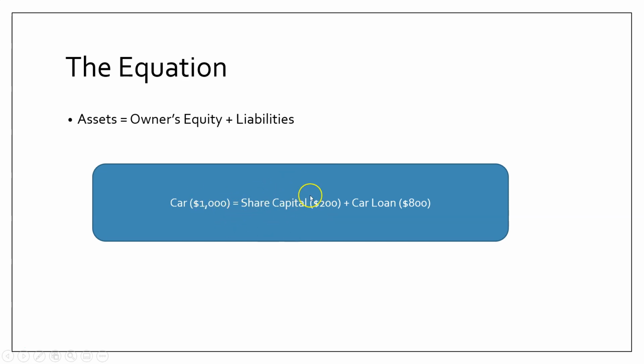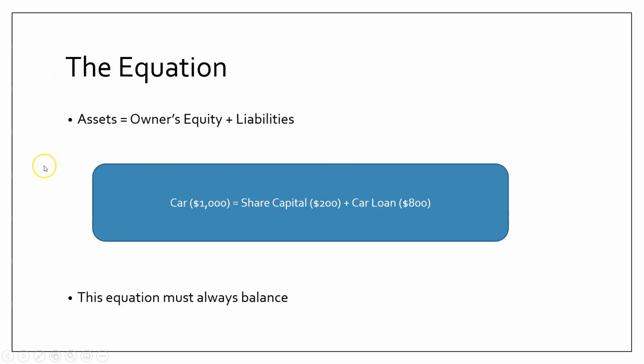That's $200 of the business's own money, which is your owner's equity. Then they also took out a car loan of $800, which is a liability, to finance that car. So you've got your car as your asset, your $200 share capital, which is the money the owners put in, and the $800 liability, which is the loan taken out to fund that car.